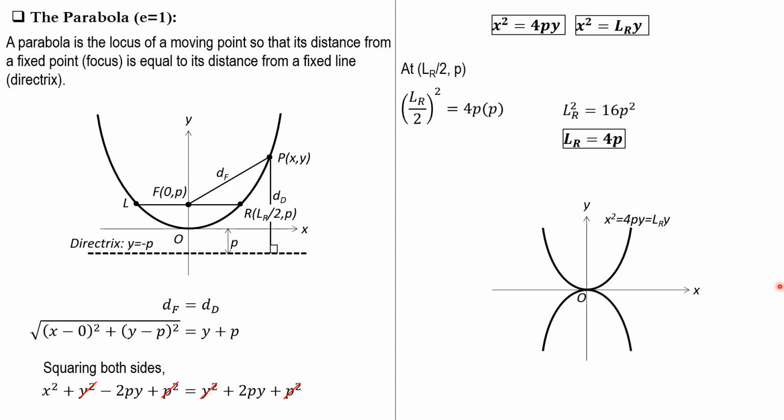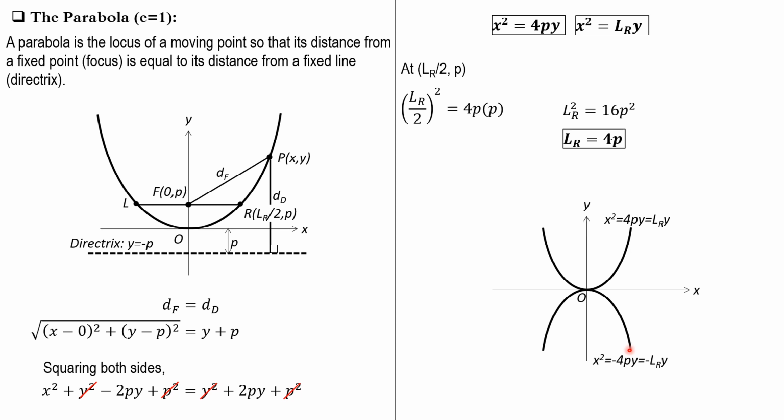So the sign indicates that it is open downward. And if it is open upward or downward, it is the x that should be squared because there is positive x and there is negative x. Take note that the axis of symmetry is the y-axis. So for this parabola that is open downward, x squared equals negative 4py or negative LR times y.